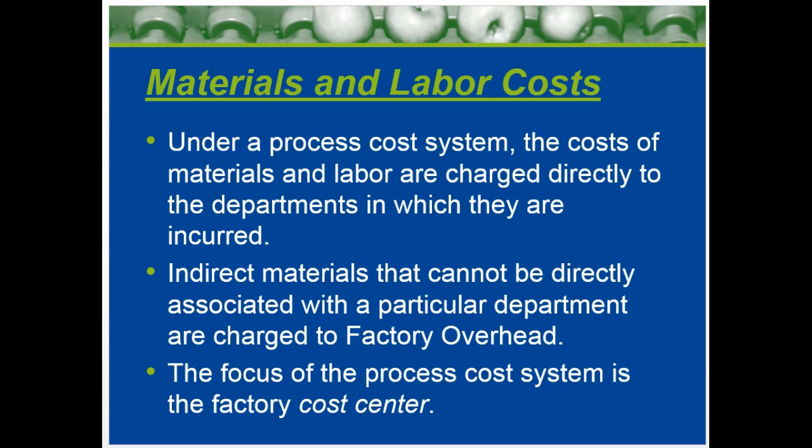And what it is saying here is that indirect materials obviously influence the process costing system, okay? So indirect materials that can't be directly associated to a particular department are going to be charged to factory overhead, so something for the overall factory. An example of this would be utilities, like the electricity for the lights.